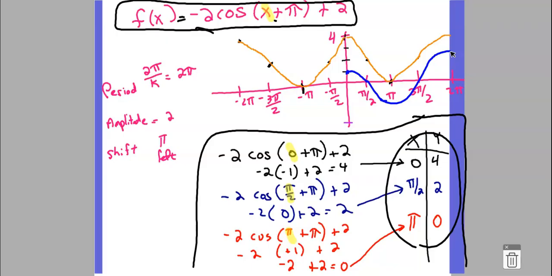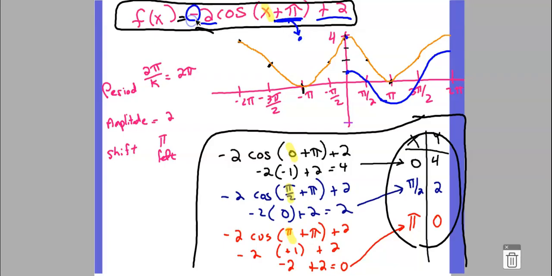So 2 things. One, it's being scooted up 2 points, and the amplitude is 2. So notice what's taking place there, it's going all the way as high as 4, and it's being bumped over pi units to the left. So it's going up to here, but it's pi units to the left. That's that. It's being scooted over.